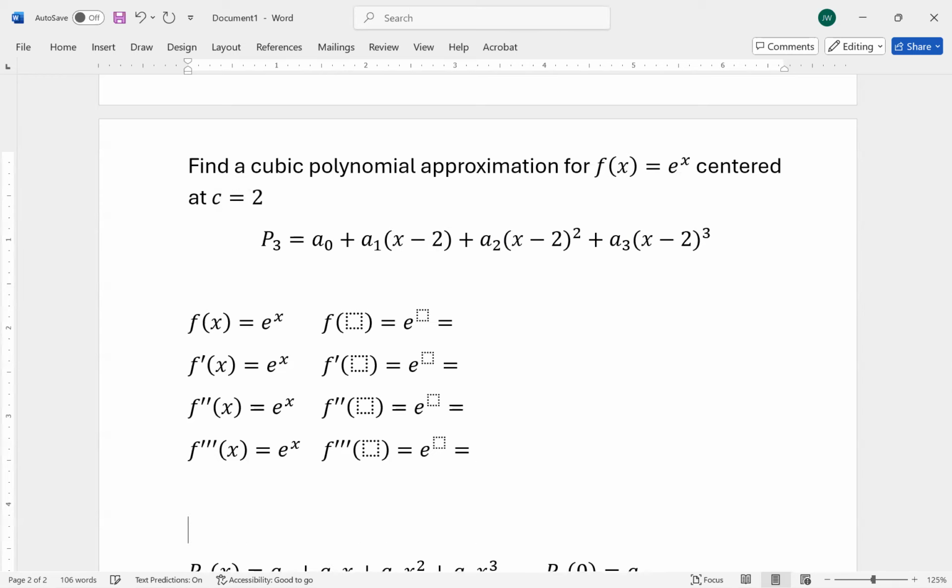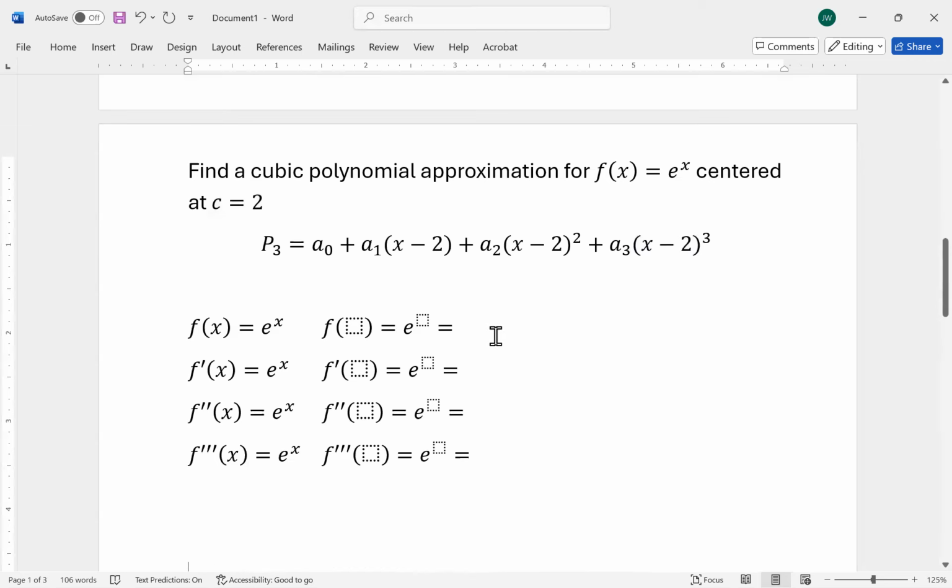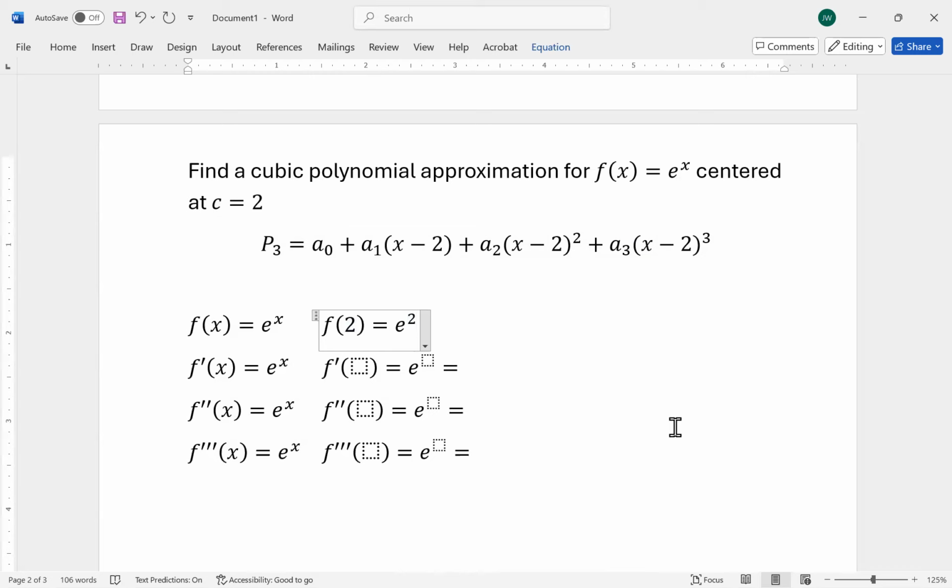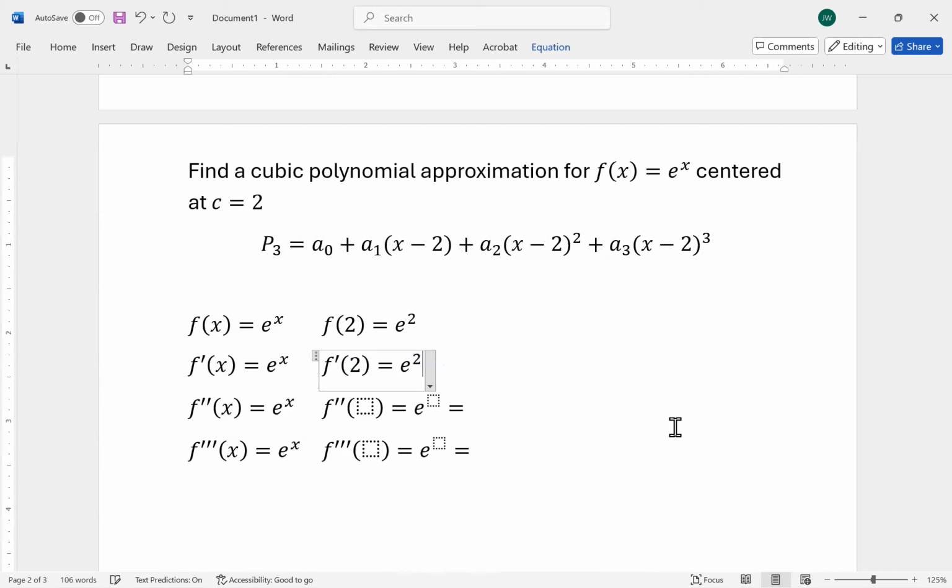First, before we start plugging in 2 into the polynomial, we should start by taking derivatives of the function I'm trying to approximate. Those, in this case, are all e to the x. When I plug in 2 there, I'm just going to get an e squared. Now, e squared is not super nice to deal with, but it's a lot easier to deal with e to a whole number exponent than dealing with e to like a 2.03.